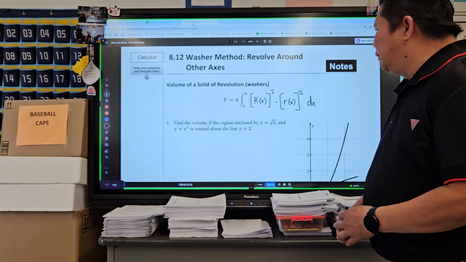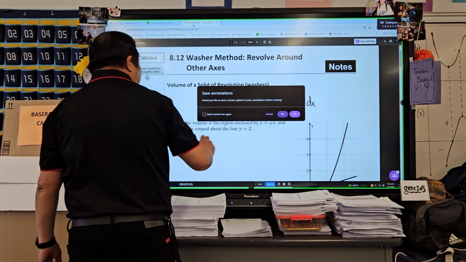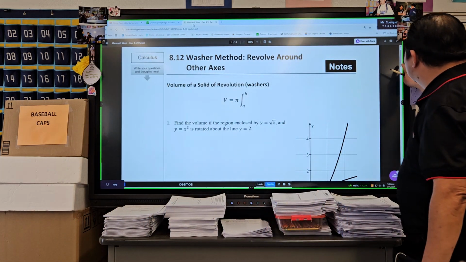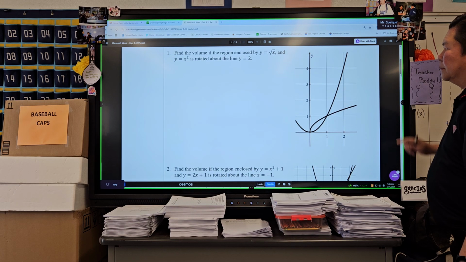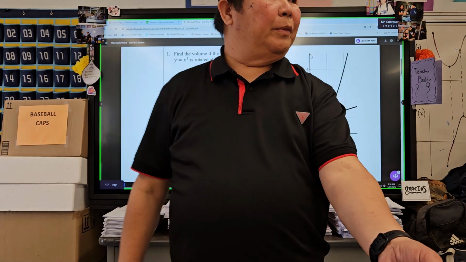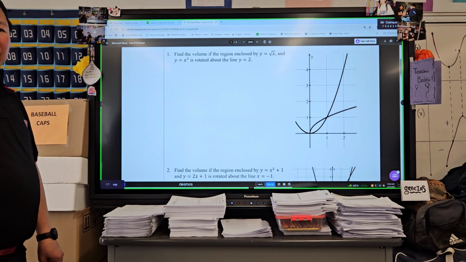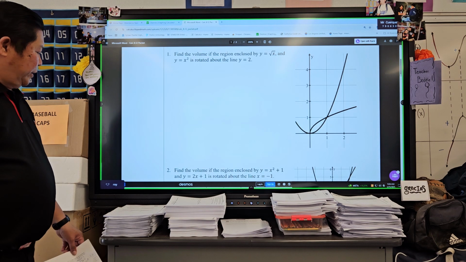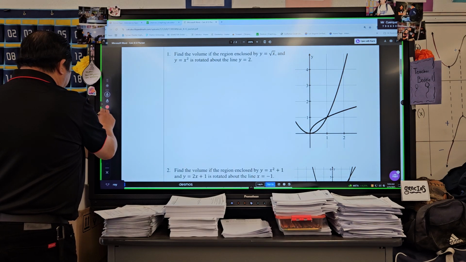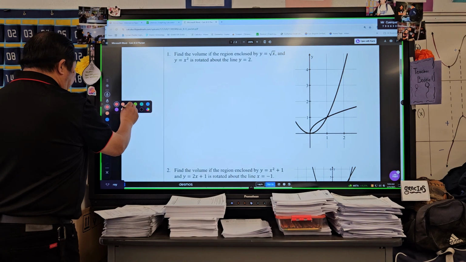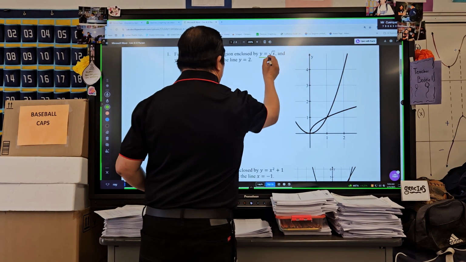Let's take a look at problem number 1. Find the volume of the region enclosed by y equals square root of x. I'm going to change color for this one. Can I choose green for this function, y equals square root of x?